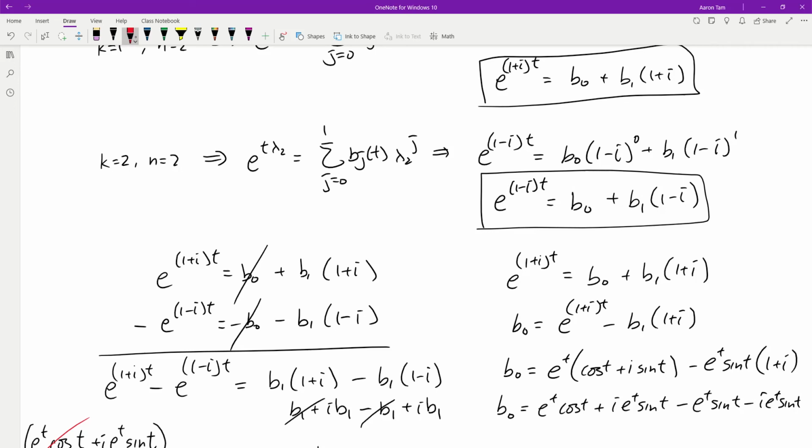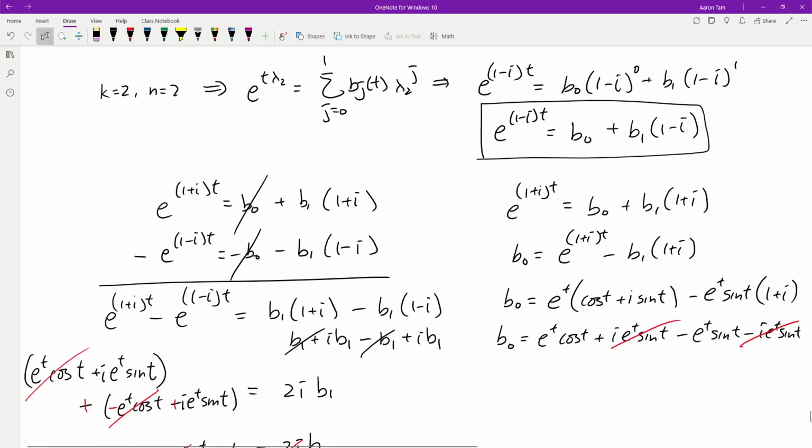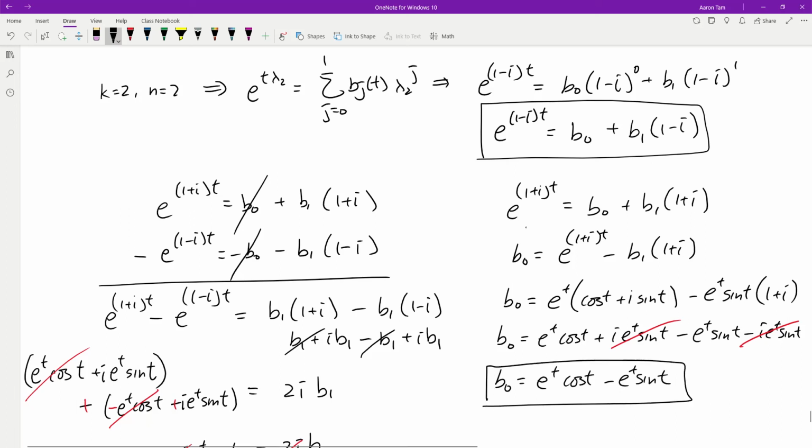It looks to me that the i e to the t sine t would cancel out, and therefore leave me with b sub 0 equal to e to the t cosine t minus e to the t sine t, which is actually not that bad.